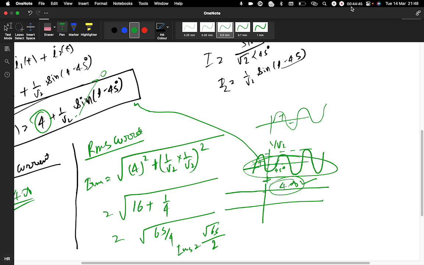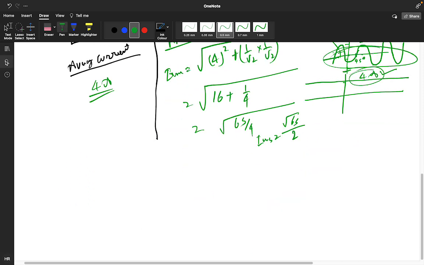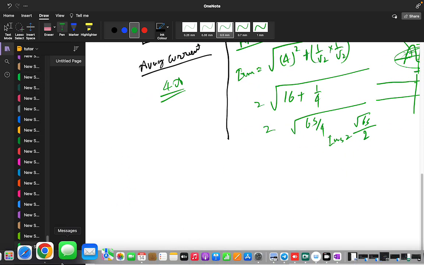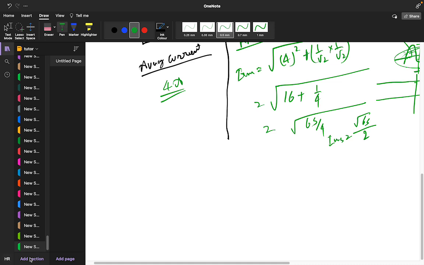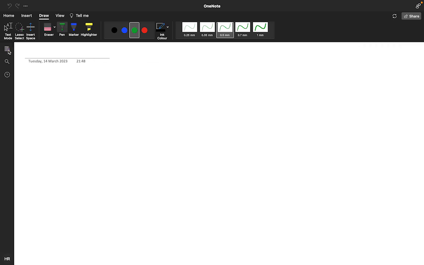Now if anyone will ask you about the power factor of this circuit, then what will you say?